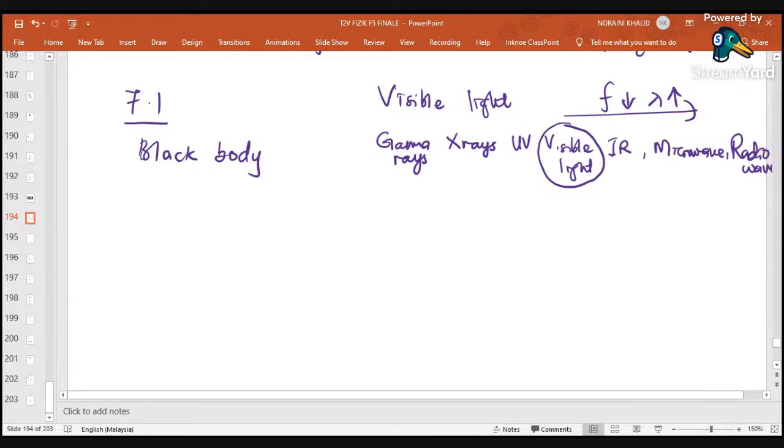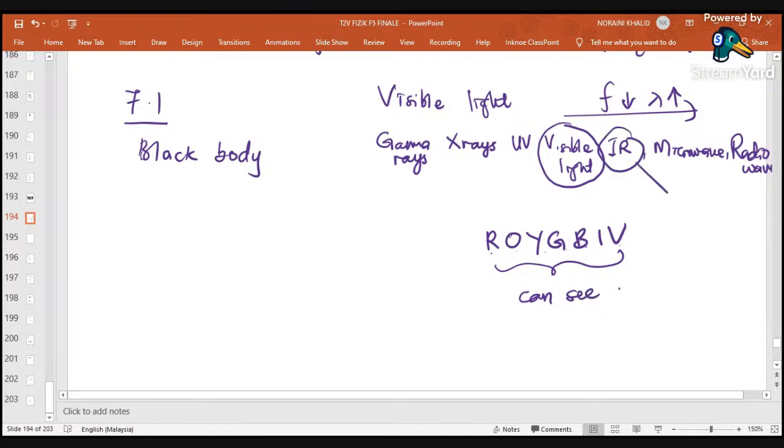So you can see for the visible light, for example, the light produced by sun is white light. Through dispersion, you can observe there are 7 colors: red, orange, yellow, green, blue, indigo, and violet. So all this we call it visible light, means our eyes can see. For infrared, this is out of the visual range for us to see, so infrared cannot be seen.